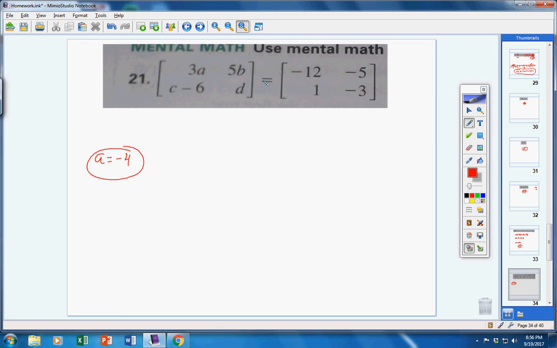Okay, 5b equals negative 5. What would b have to be? Well, negative 1. 5 times negative 1 is negative 5. So b equals negative 1. Let's take a look at c.